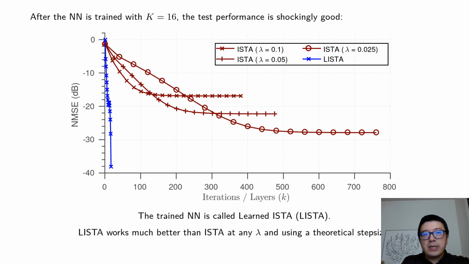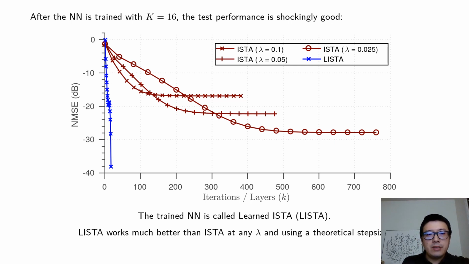And these red curves correspond to the ISTA progress for different lambda, different choices of the penalty parameter. And this blue is the progress of their learned algorithm tested on a particular set of data. And you can see that the error decreases really fast, about 50 times faster than this traditional ISTA algorithm.